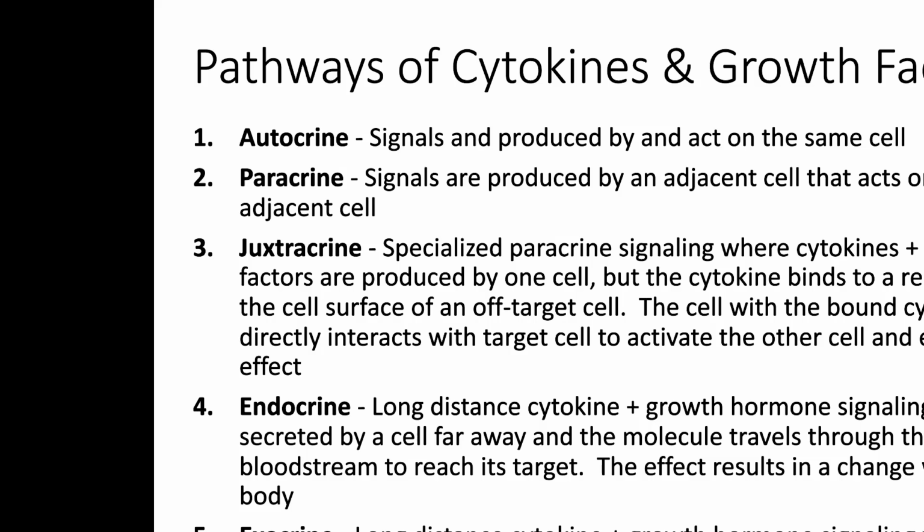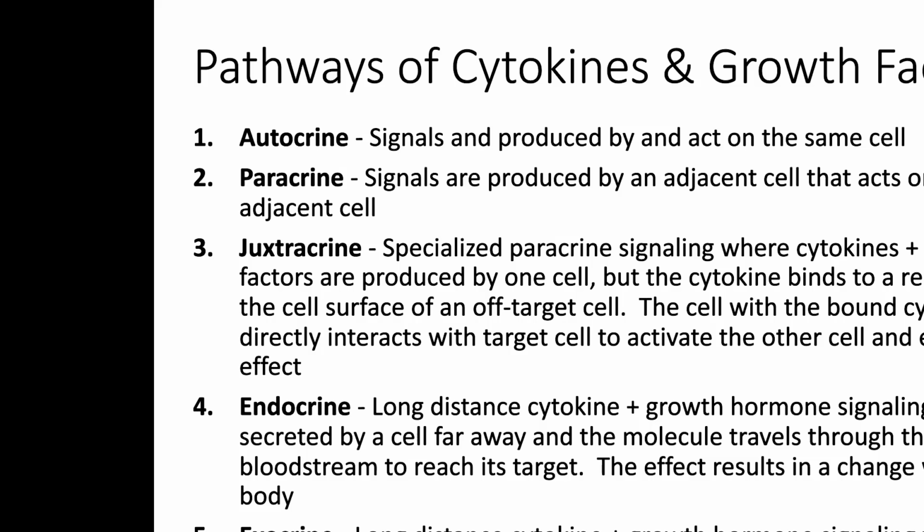Cell C can't directly interact with cell A for some reason. So cell B will then interact with cell C. Once it's able to interact with cell C, it's going to tell cell C, hey, go interact with cell A for me. So then cell C will go ahead and act upon cell A. And that's juxtacrine. You'll see a lot of that in immunology.